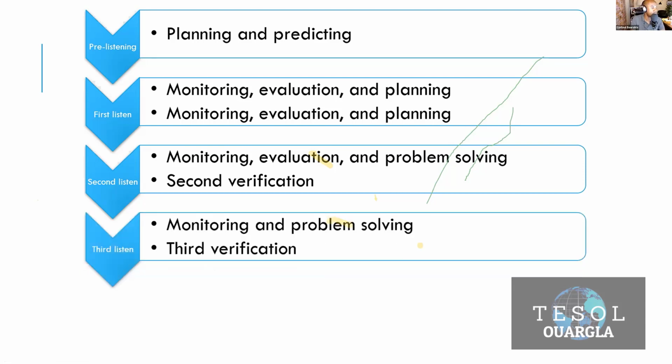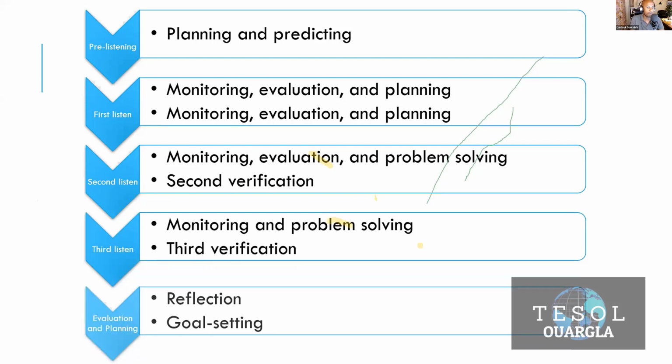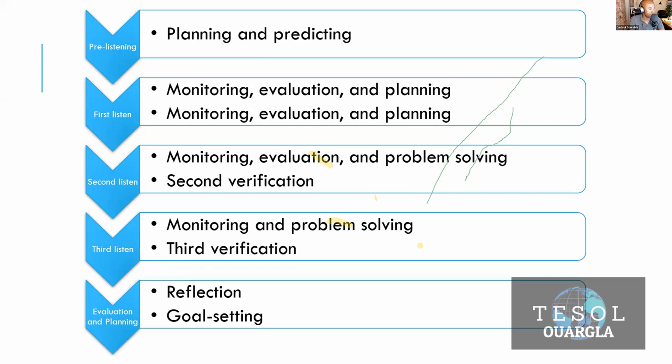And then in the third listen, you monitor and you problem solve. And this is the third verification. And the evaluation, this is post-listening, where you reflect and you set a goal. And so this is one process that you can take. This is one lesson plan that you can take for implementing the strategies that we have talked about today.